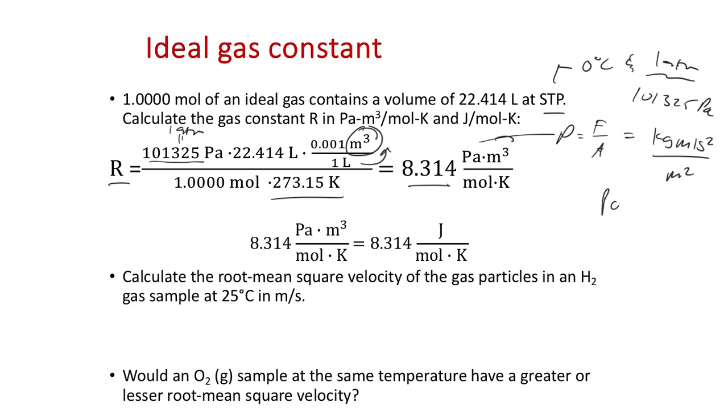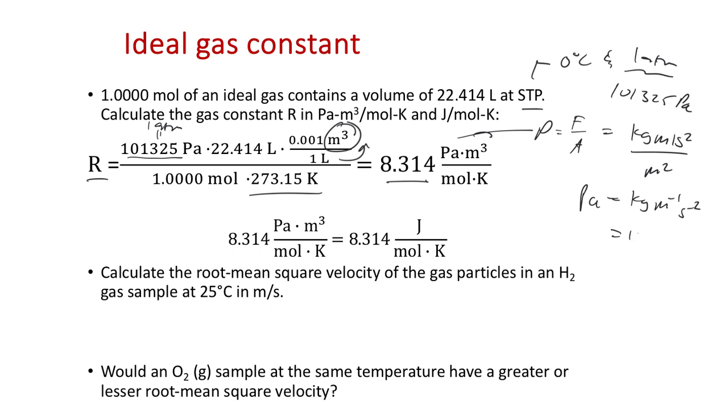So the Pascal unit is equal to a kilogram meter to the -1, second to the -2. You can also write that as kilogram per meter second squared, the fundamental SI units behind the Pascal. So if you have an SI unit of pressure, there should be a link to the fundamental SI units like kilograms, meters, and seconds.